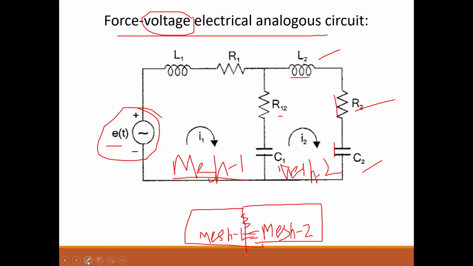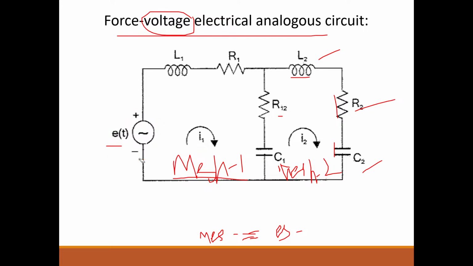I don't know whether you people were able to follow or not. If you have understood, just mention understood. If you have any doubts, if you want me to repeat, I will repeat this once again. So simply, meshes are replaced by mass in the mechanical system.